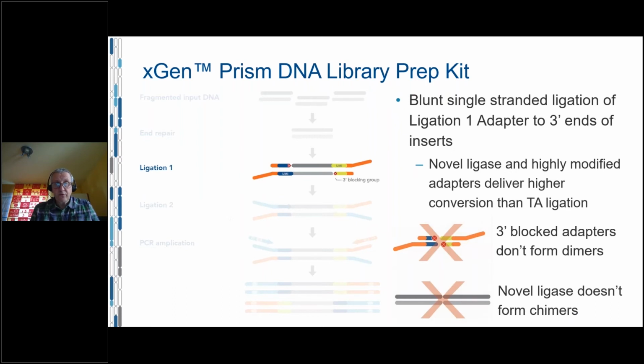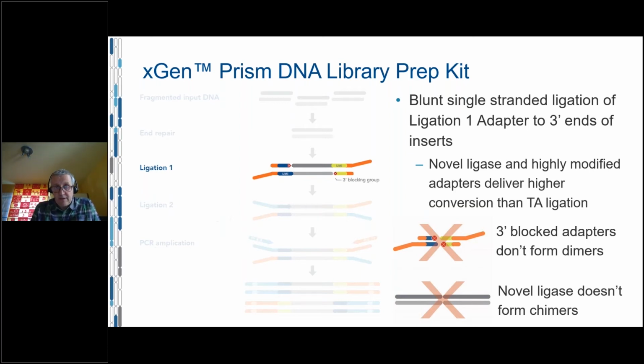Then follows a two-step ligation, and the adapters used in the first ligation step have quite a specific structure. There are the longer molecules that are ligating onto the insert molecules. Those longer molecules contain a molecular barcode, and they have specific modifications that are needed by the ligase that has been developed for this kit. The shorter molecules have a blocking group at the 3' end.